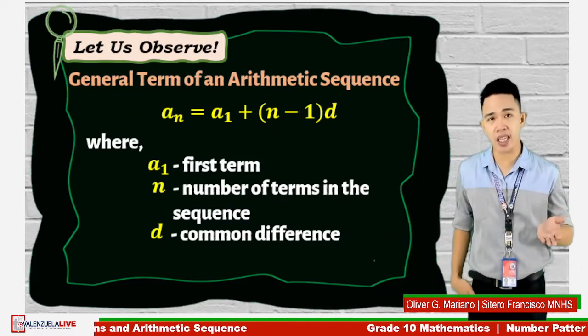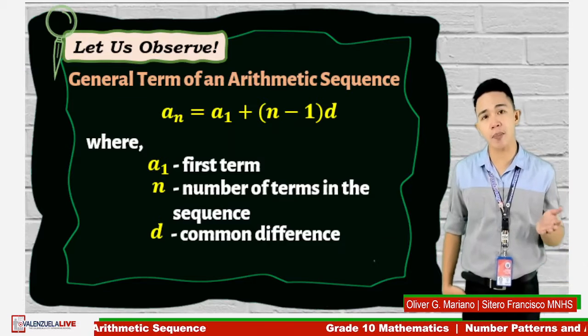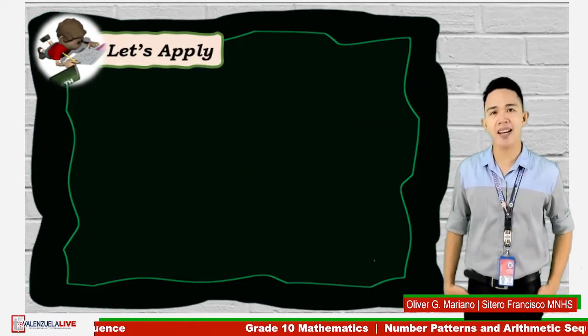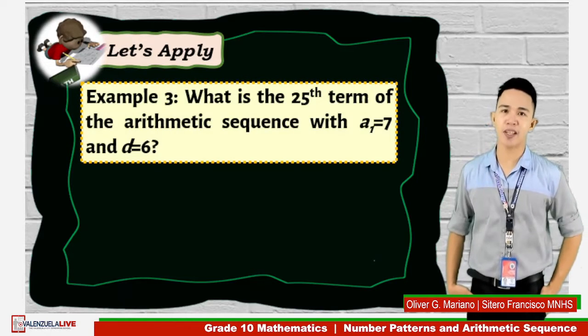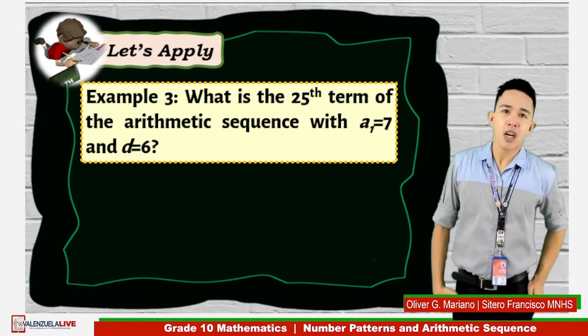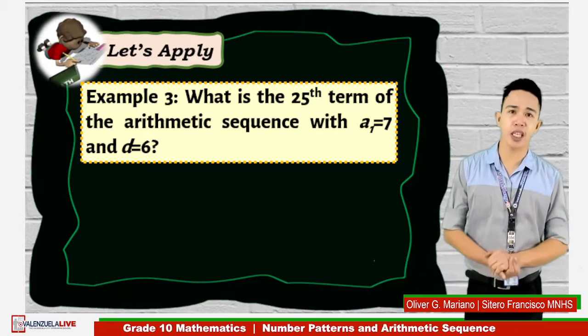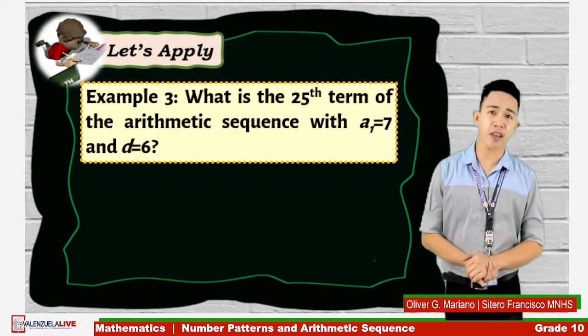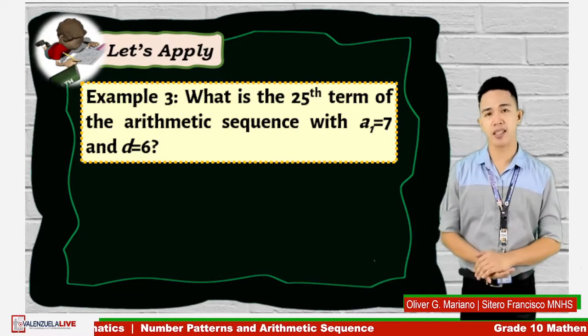Let's now see how the general term is applied in the following examples. To begin with, we have example number 3. What is the 25th term of the arithmetic sequence with a sub 1 equals 7 and d equals 6?